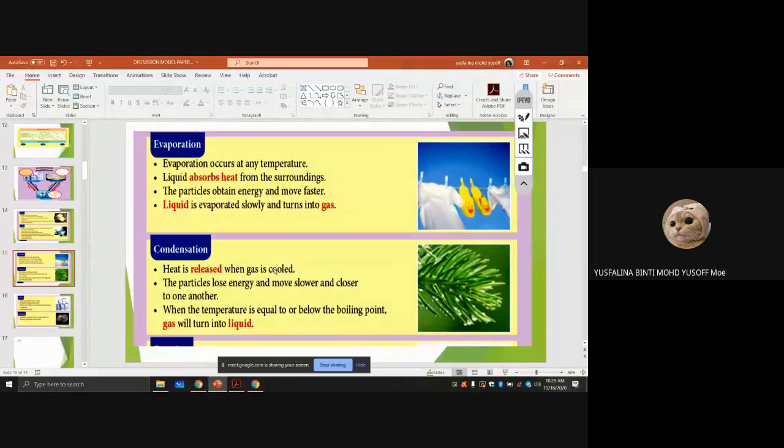So when the energy is released, the particles move slower and closer to one another. When the temperature is equal to or below the boiling point, the gas will turn into liquid. So this is condensation.